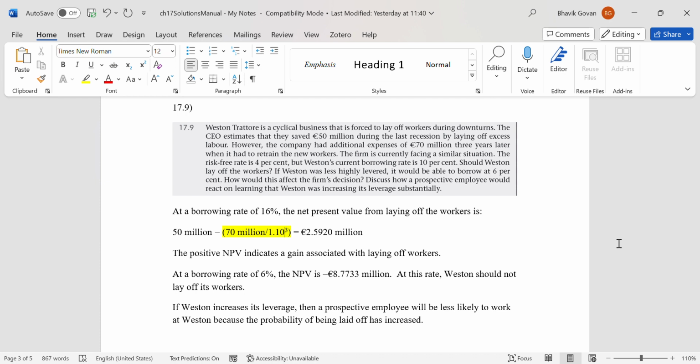So the textbook answer goes like this. They say that at a borrowing rate of 16%, the net present value from laying off the workers is basically this calculation below, and you can see that it's a positive net present value. However, you can see that I've highlighted this part in yellow. I do think that it could be a typo.